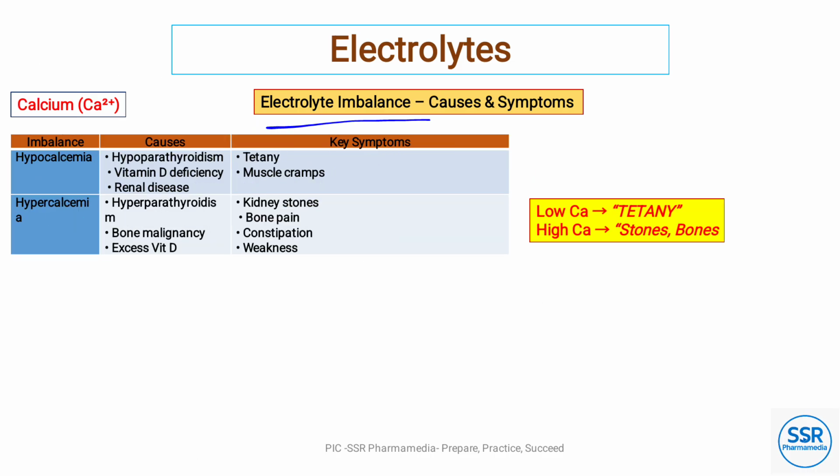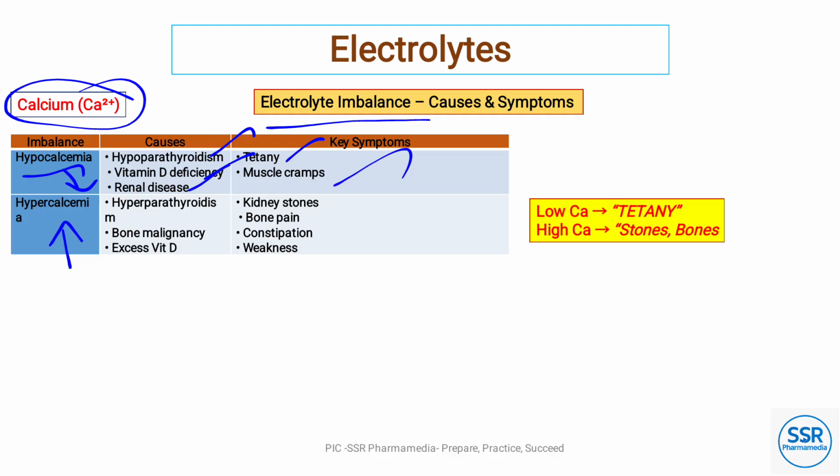Electrolyte imbalance causes and symptoms of calcium. Hypocalcemia and hypercalcemia. Hypocalcemia is due to hypothyroidism, vitamin D deficiency and renal failure, which give a decreased amount of calcium in the human body. That leads to tetany and muscle cramps.